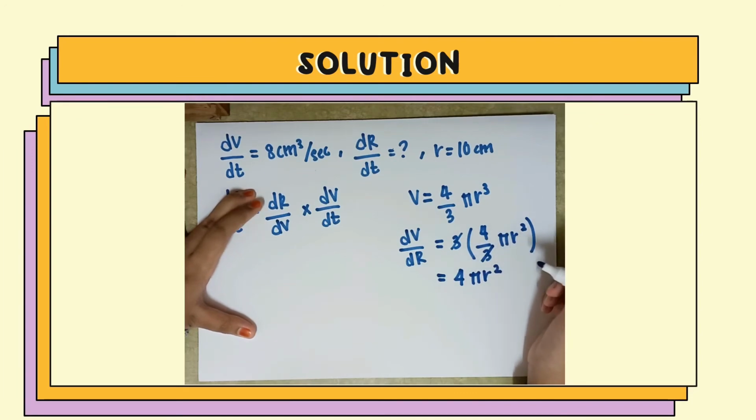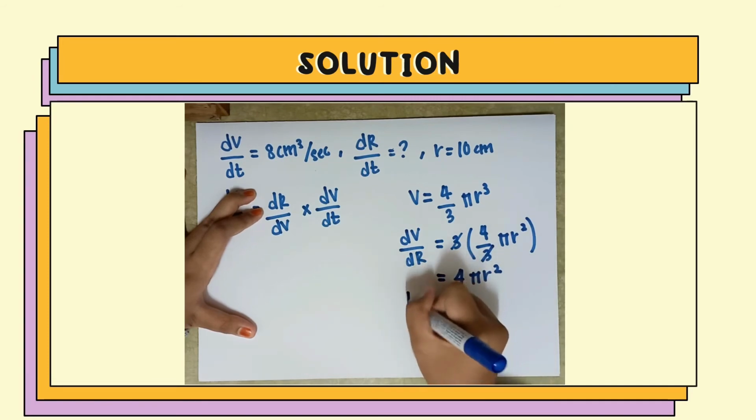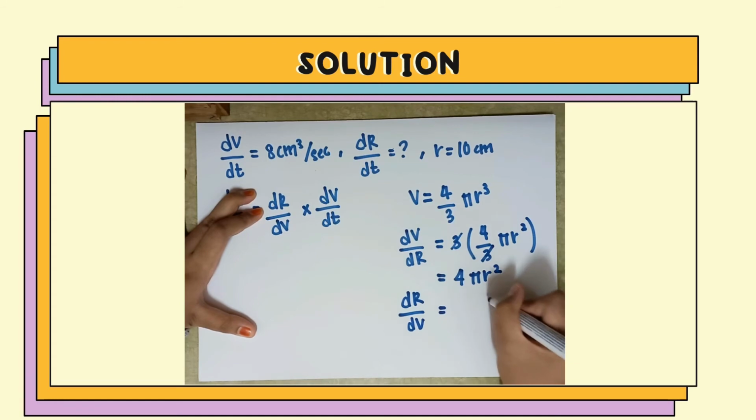Because the equation wants us to find dr over dV, we write it like this: dr over dV equals 1 over 4 pi r squared.